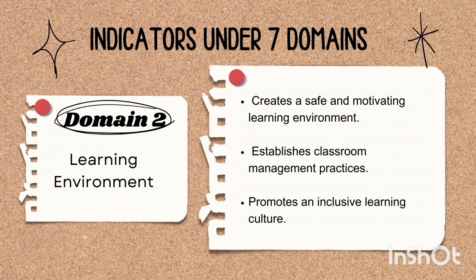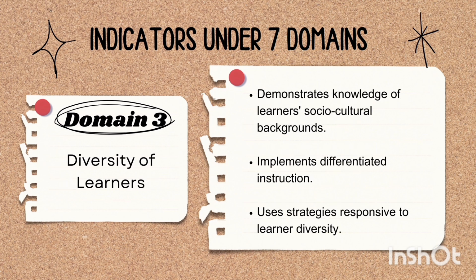So domain 2, learning environment. So creates a safe and motivating learning environment, establishes classroom management practices, and promotes an inclusive learning culture. So domain 3, diversity of learners. So its indicators are demonstrate knowledge of learners' socio-cultural backgrounds, implements differentiated instruction, and uses strategies responsive to learner diversity.